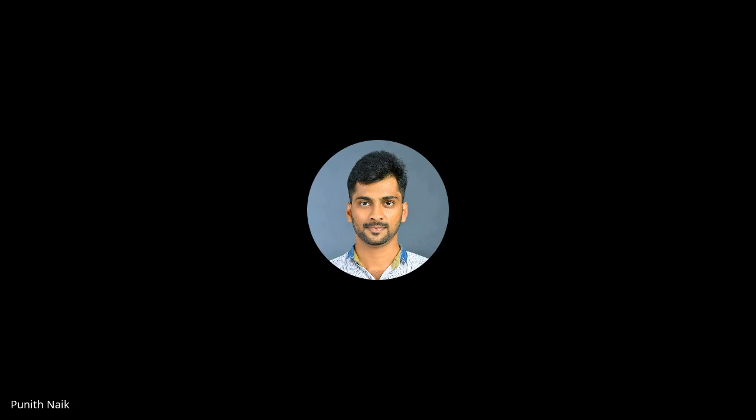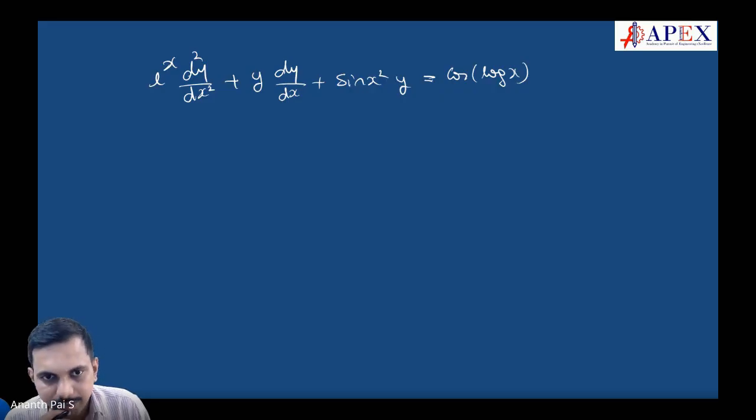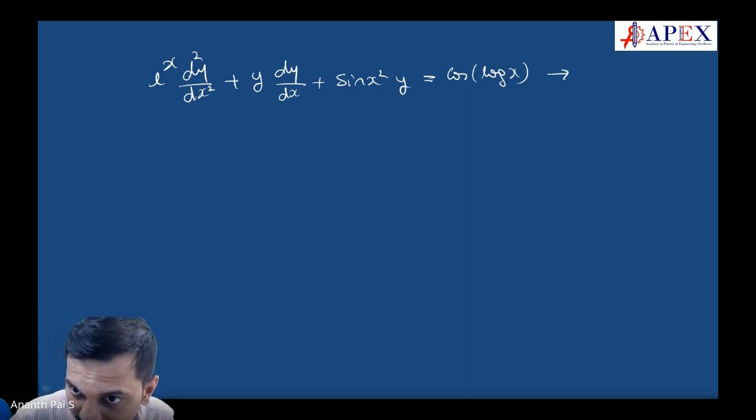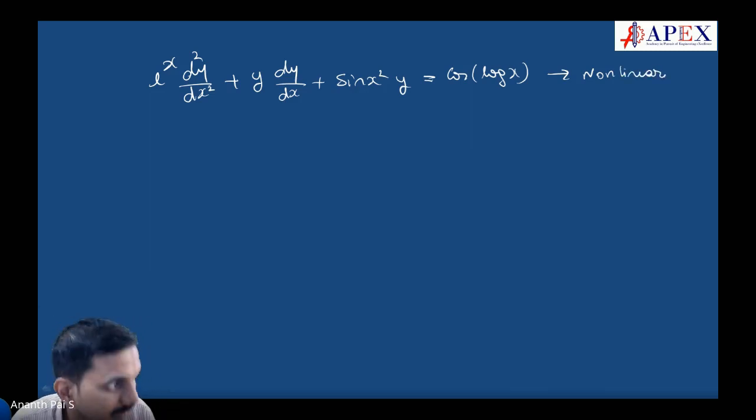The linear. Okay. Those who say non-linear must tell which term is non-linear. It is non-linear. It is not linear. Why? This term is linear or non-linear? Linear. Very good. Why? E power x is there. Here it is d square y by dx square.